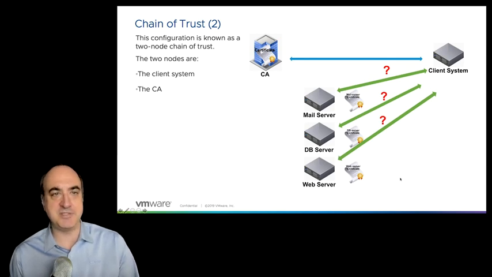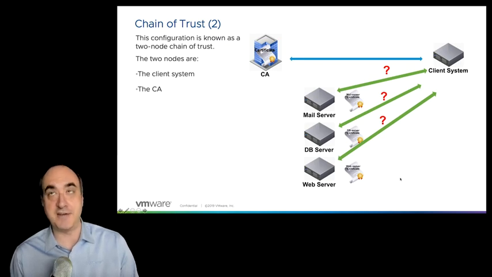So you could take the VMCA's root certificate and add it onto the client system, and now the client system would trust any certificates that were generated by the VMCA. That makes it a little bit easier, but that now means that your client systems have to have the root certificate of the VMCA installed.